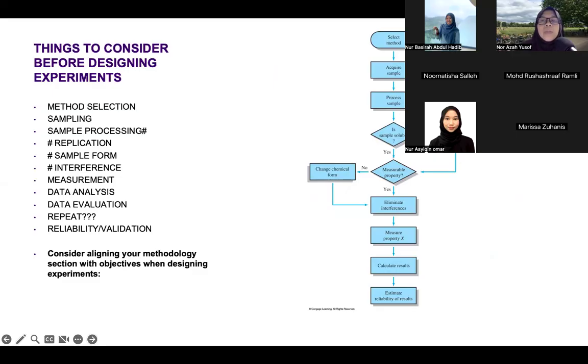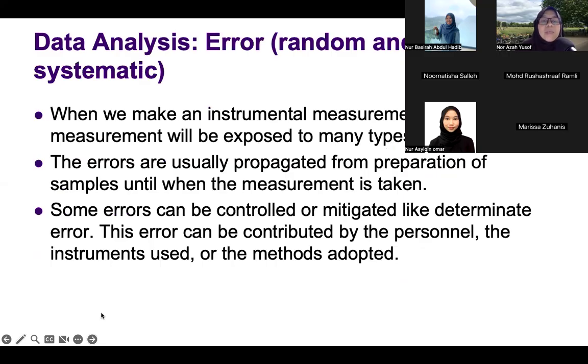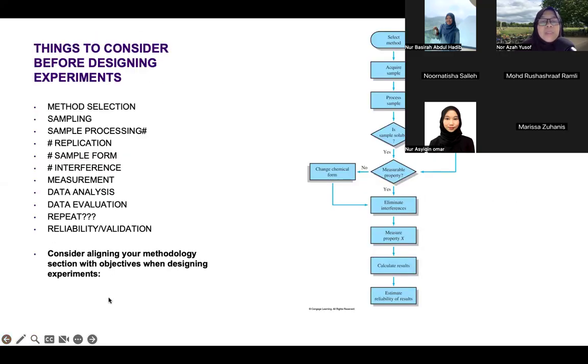You cannot just be happy: that's it, I have got the data. No, you have to decide whether you are going to repeat the experiment or the measurement, and then do some calculation again, and after that is, of course, the conclusion after the data treatment.